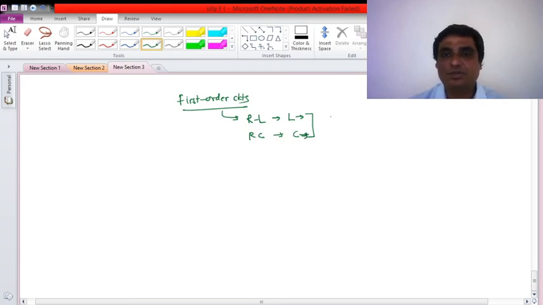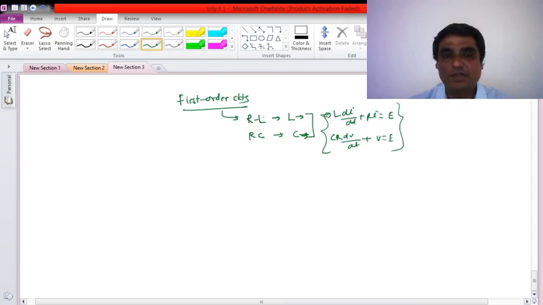So it was L di by dt plus Ri equal to some excitation E, and CR dV by dt plus V equal to some factor like this also here. So these were our first order circuits.